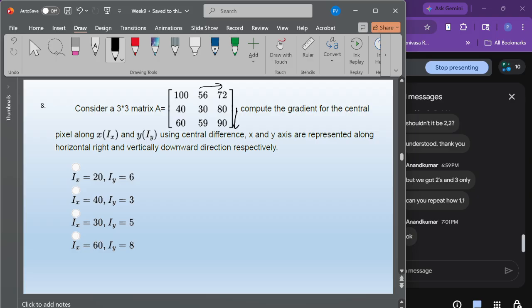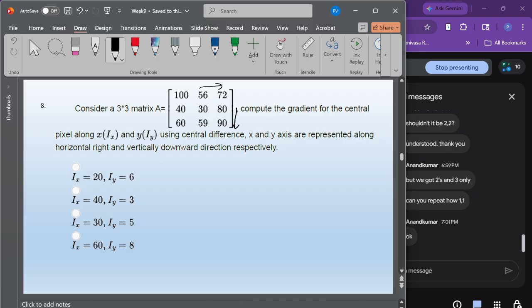So how can we calculate this one? We have already calculated it previously as well. Any idea, anyone of you? To compute the gradient for the central pixel using the central reference method, we look at the intensity values of the neighboring pixels along the specified axis.